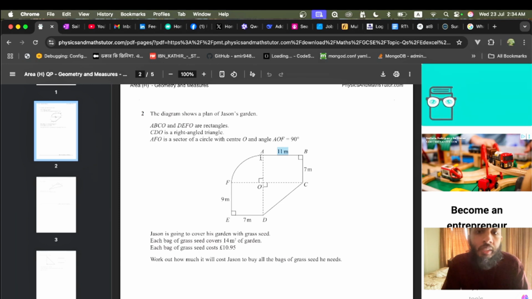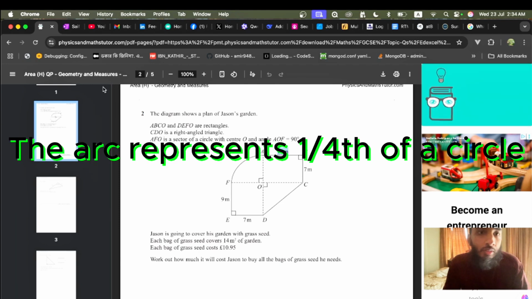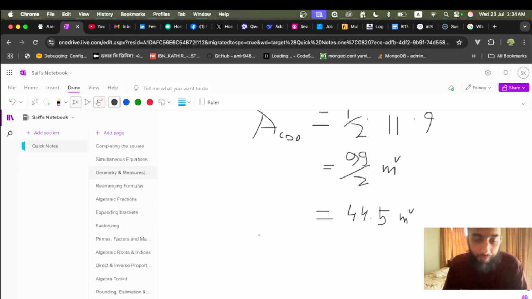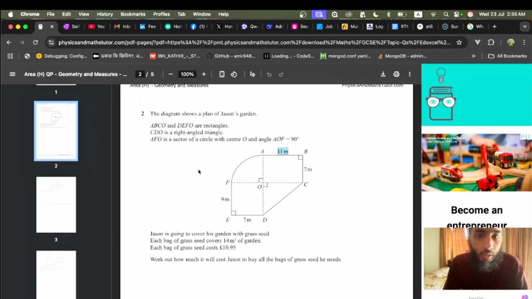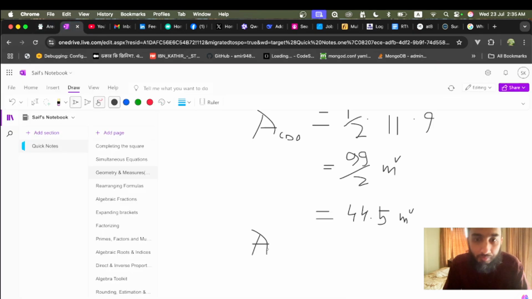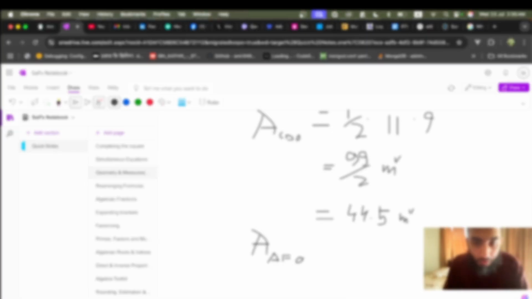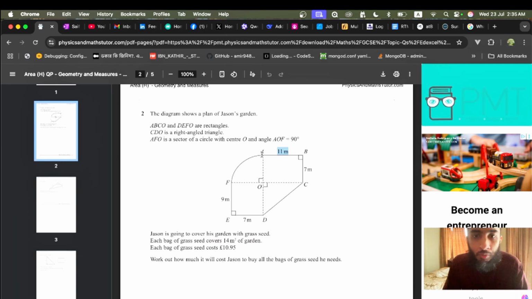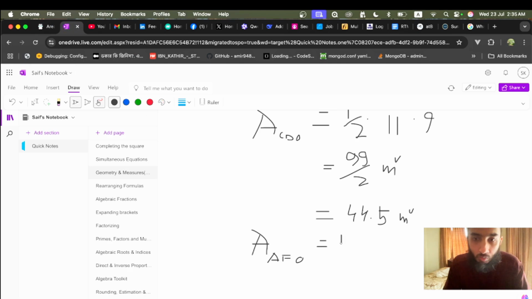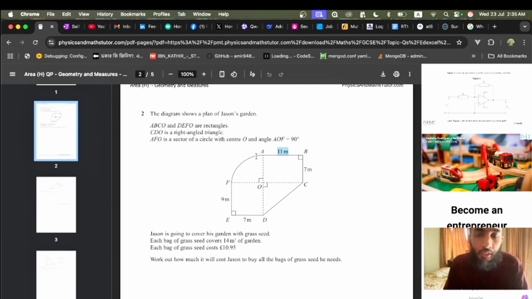So we can figure out the area of AFO. This is 90 degrees. We know the circle has a total of 360 degrees at the center, so 90 degrees is 1/4 of the area of the entire circle.